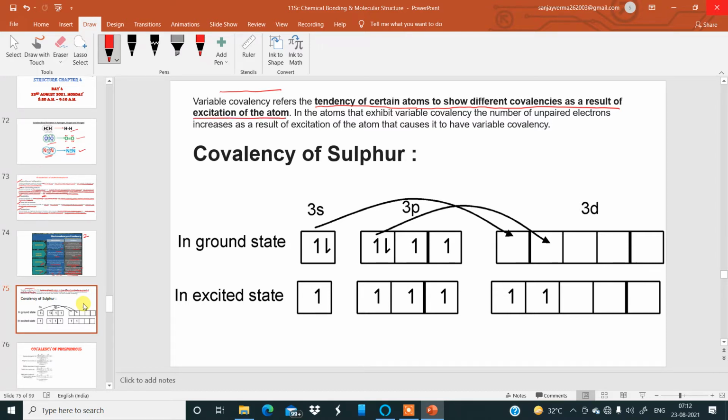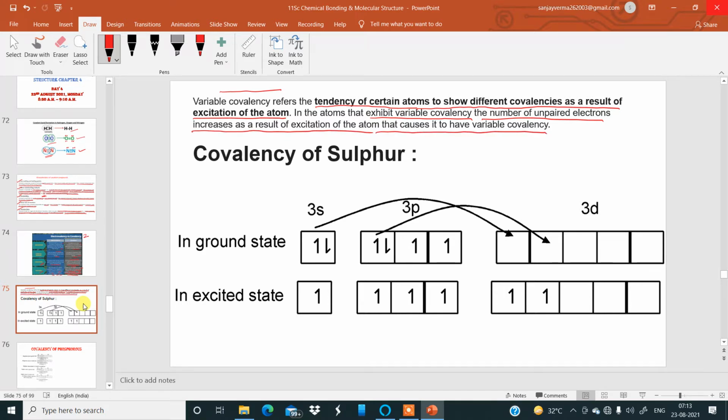When atoms show different covalencies by sharing more than one electron to form a molecule or a compound, that situation is called variable covalency. In atoms that exhibit variable covalency, the number of unpaired electrons increases as a result of excitation of the atom, which causes it to have variable covalency.